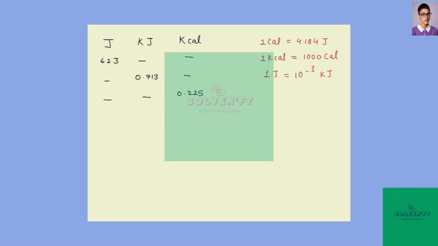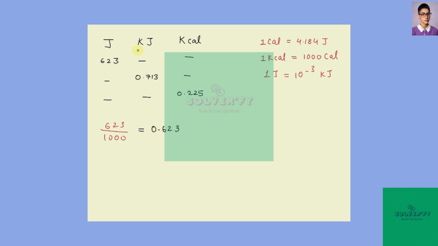Now we are given the second table. Here we need to fill it. In the first part, we can see we are having 623 joule. We need to convert it into kilojoule and kilocalorie. We know that we need to divide 623 by 1000 in order to convert it into kilojoule. We are getting the value 0.623.